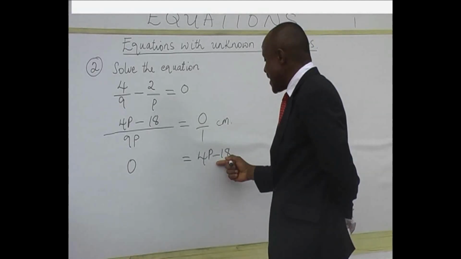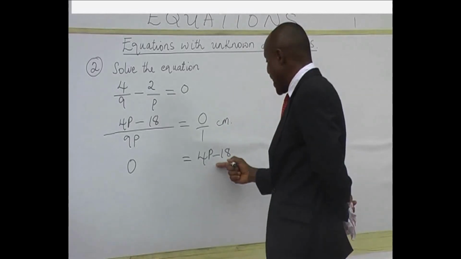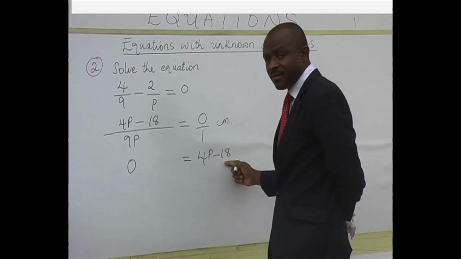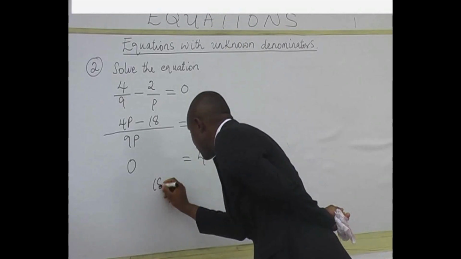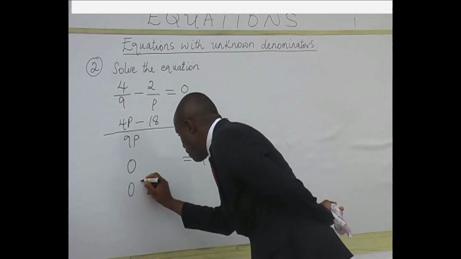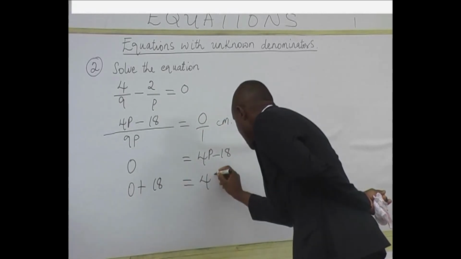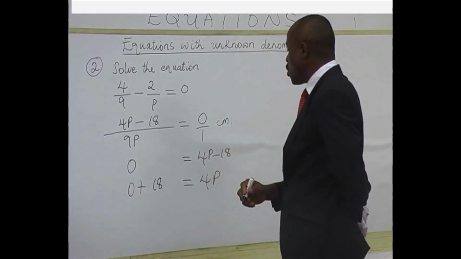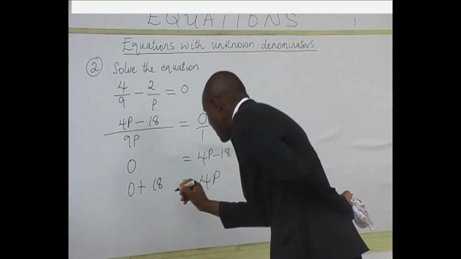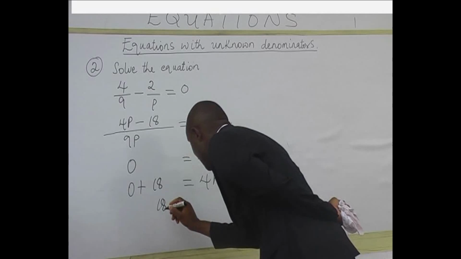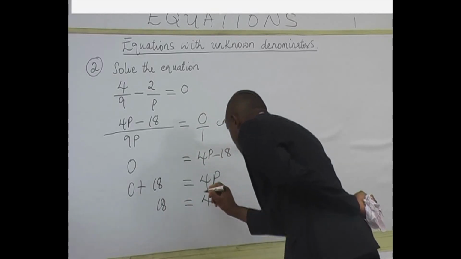Add 18 to both sides of the equation. That is what you do to eliminate minus 18 from the right hand side of the equation. So that is 0 plus 18 is now equal to, in the right hand side of the equation, you'll be left with only 4p. 0 plus anything is that thing. So you have 18 on the left hand side and it's equal to 4p.